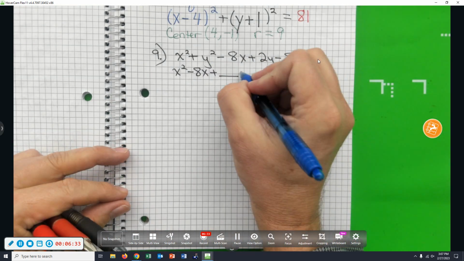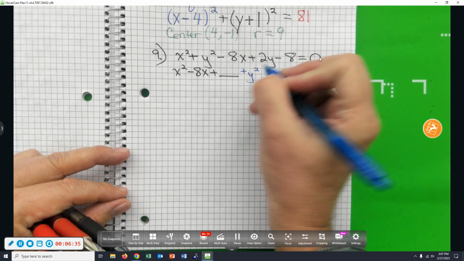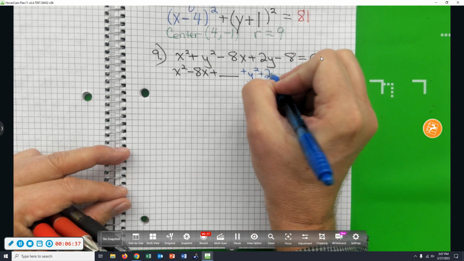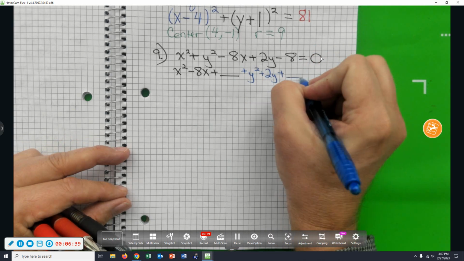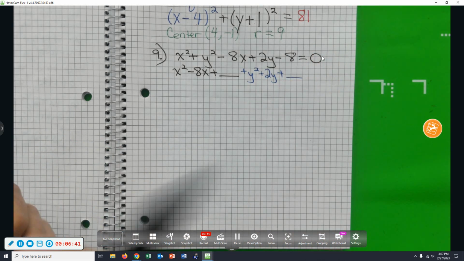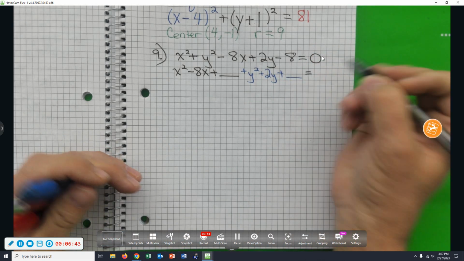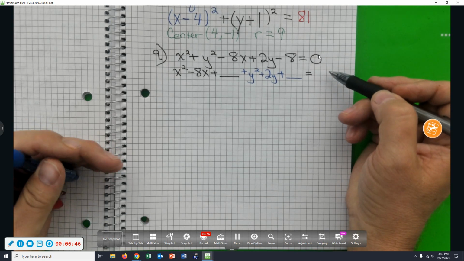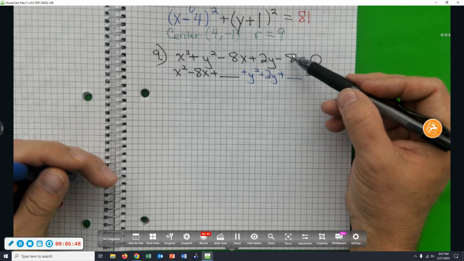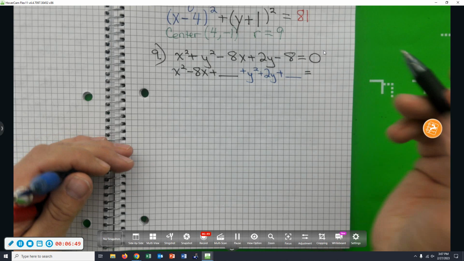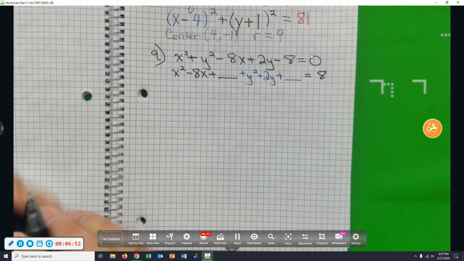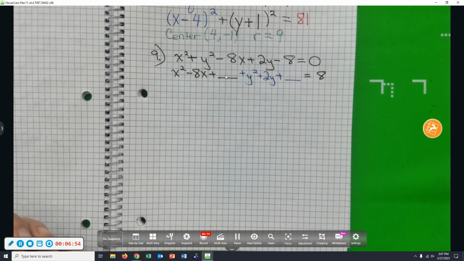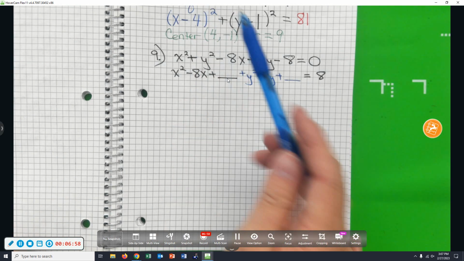We have y squared plus 2y plus blank equals, what am I going to have over here on the right-hand side? Okay, I'm going to move that minus 8 over by adding 8. Hey, look at that. Number 9 looks sort of like number 8, doesn't it?